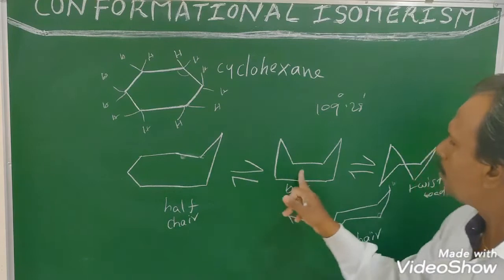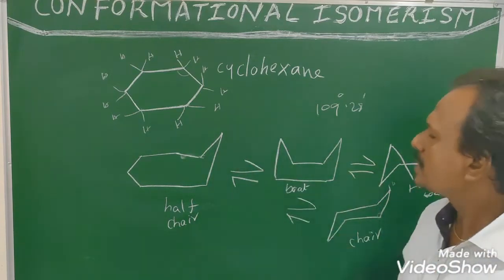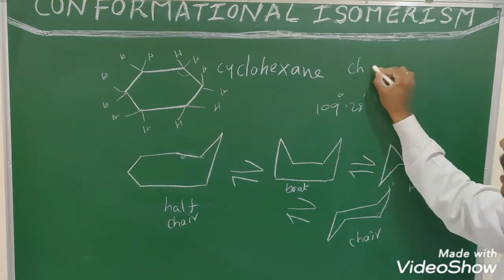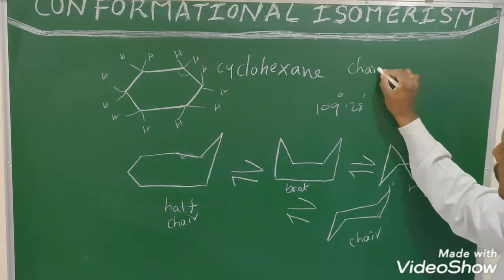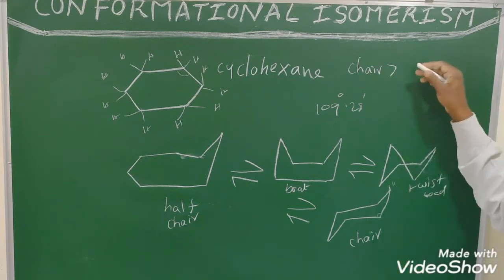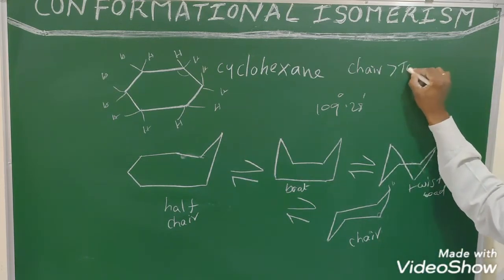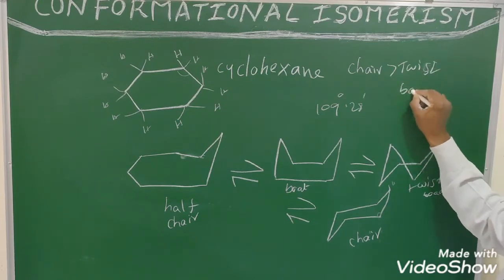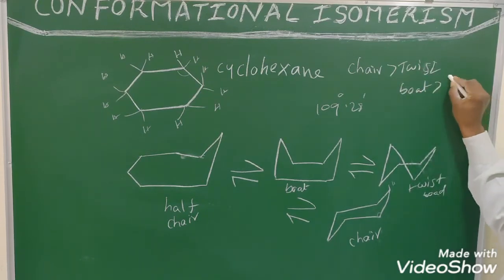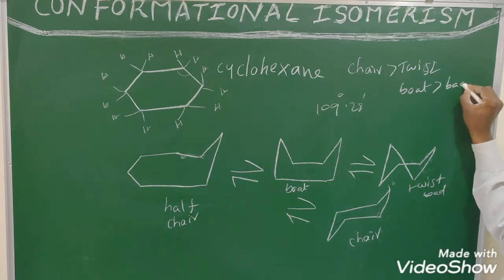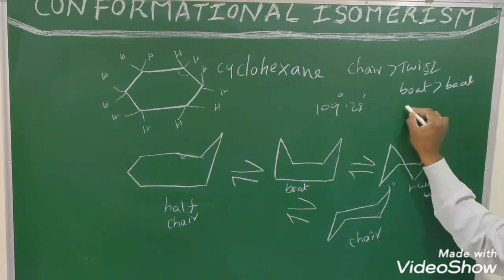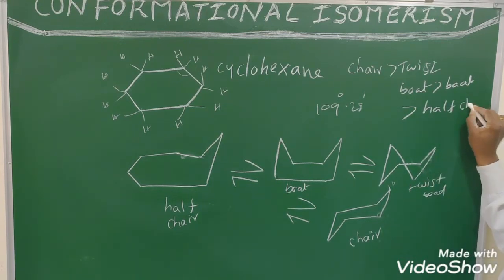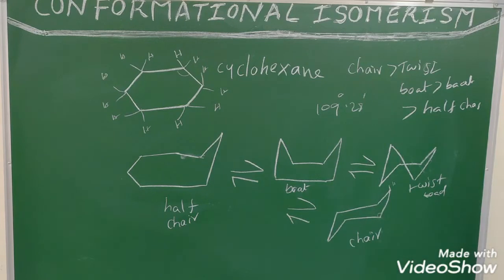Among the four main conformations of cyclohexane, chair is the most stable. After chair, twist boat is stable. Next, boat form is stable. Least stable is half chair. It is the stability order.